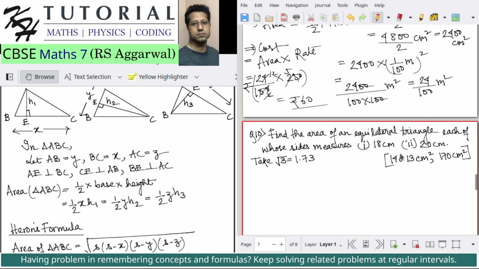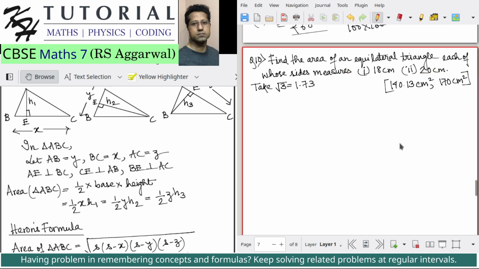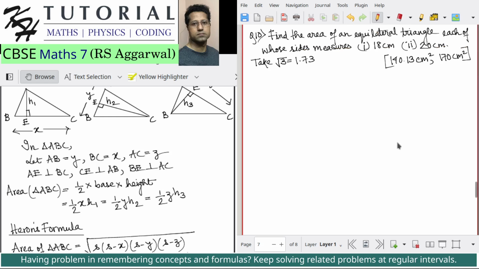Okay, let's do problem number 10, which is the last problem in this video. Find the area of an equilateral triangle, each of whose sides is given. There are two parts. In part 1, the length of each side of the equilateral triangle is given to be 18 centimeter, and in part 2, the length is given as 20 centimeter. We have to use the value of square root of 3 as 1.73.